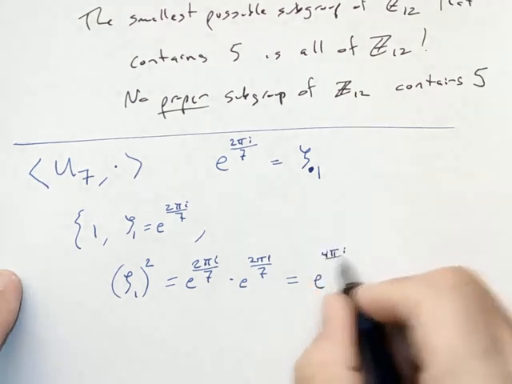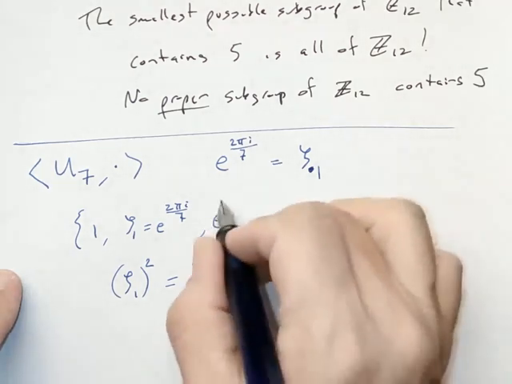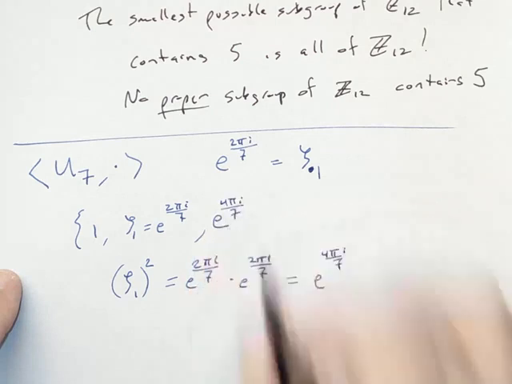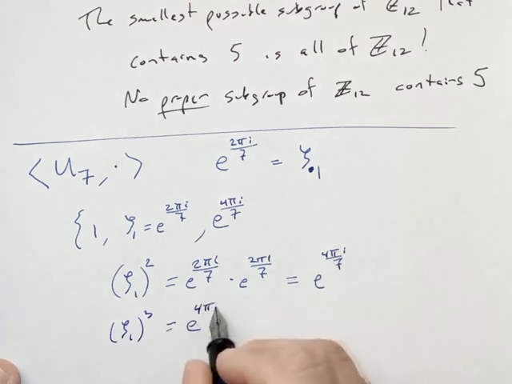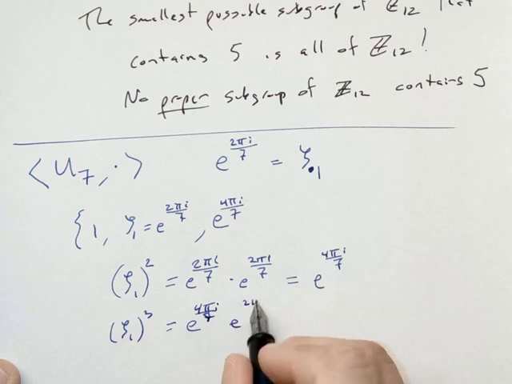So there's my next. I cube that, zeta 1 squared times zeta.